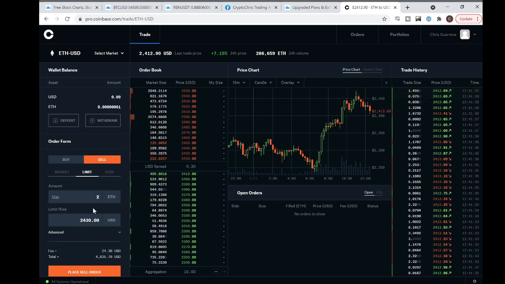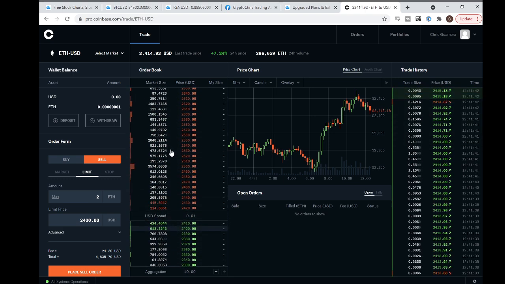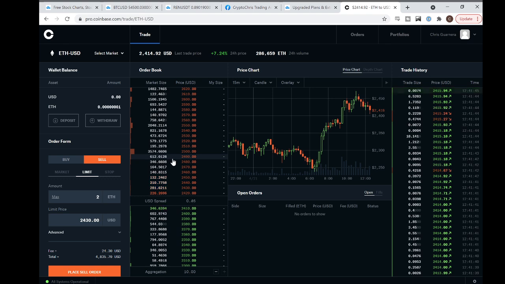It will stay on the order book on this big list of stuff right here, just chilling until Coinbase is able to make this transaction actually happen. Okay, so that's how that works. So if you are placing an order and leaving it out in the market, you become what's called a market maker.